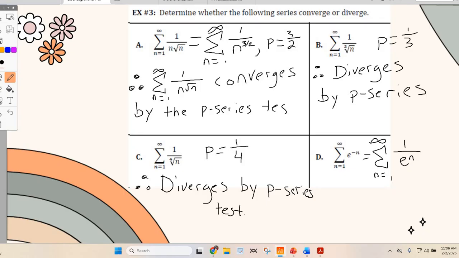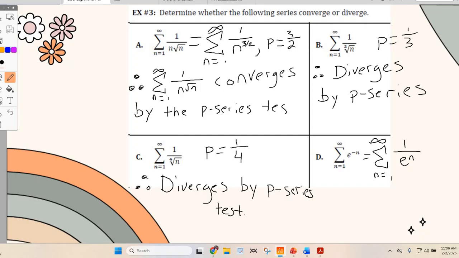Could I rewrite that? So, is it a p-series? Where does my variable have to be in order for it to be a p-series? In the base. Is my n in the base this time? No. Okay.